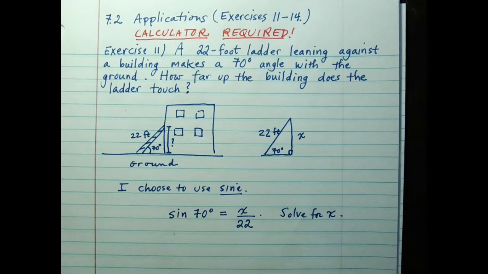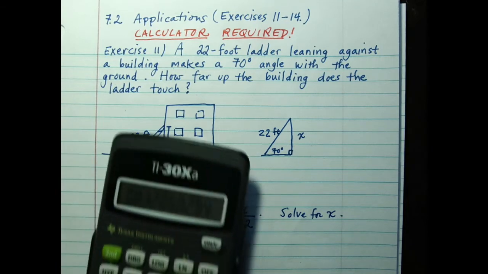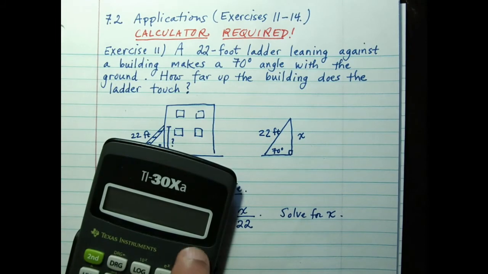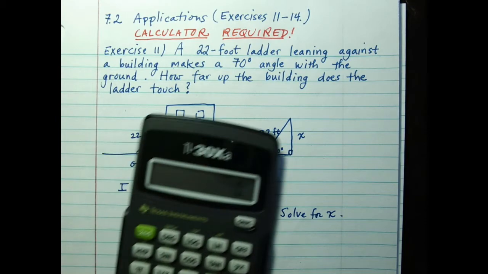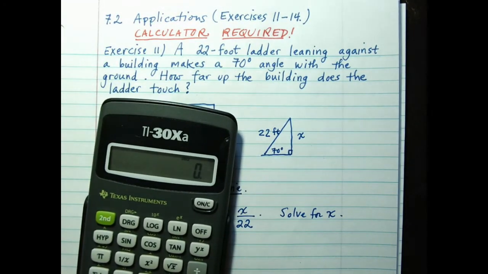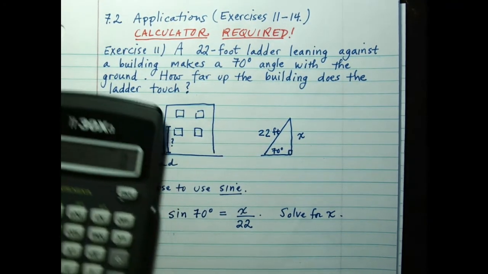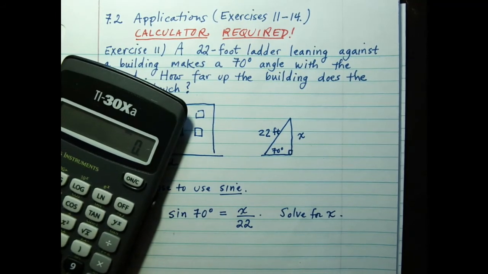I'm going to go ahead and insert a decimal approximation. Make sure your calculator is in degree mode. Mine is; I see the little word degree up there on the screen. If you're not sure what degree mode means, please check with me. So then I just do 70, take the sine, and I'm going to have to round off that decimal.